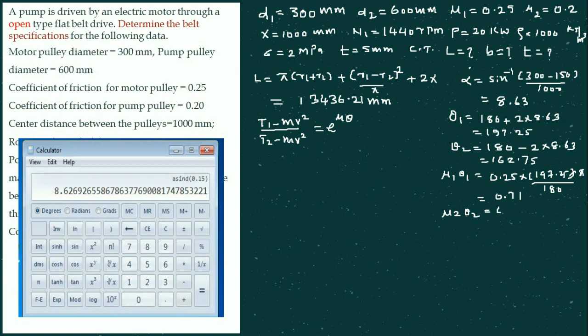Similarly, mu2 theta 2 is equal to 0.2 multiplied by 162.75 into pi whole divided by 180, which comes out to be 0.68. The lower friction we have to consider, so 0.68 is the value which we have considered.